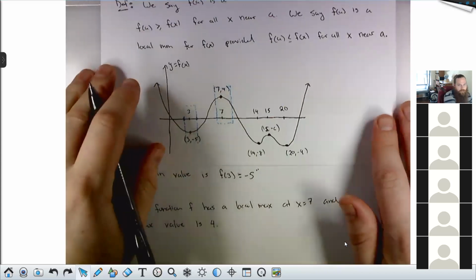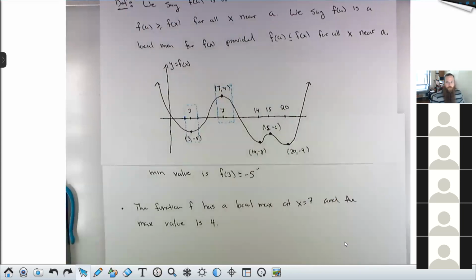And the answer is yes. This is what we mean by local, right? We're looking at behavior just really nearby that point. Local means nearby, within your neighborhood. Within the neighborhood of 7 on this graph, 4 is the largest y value.